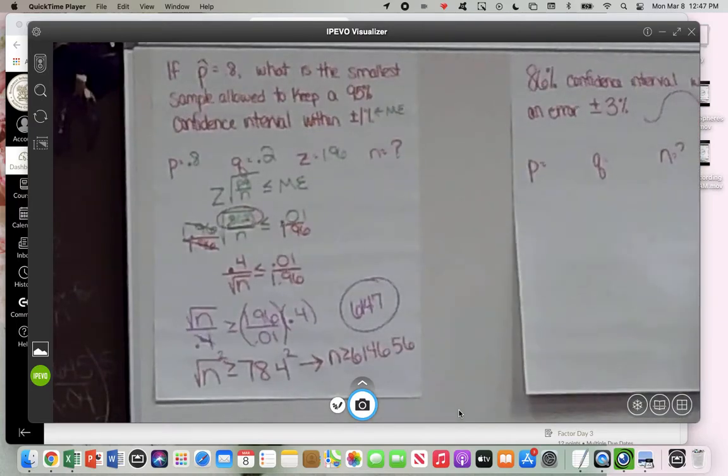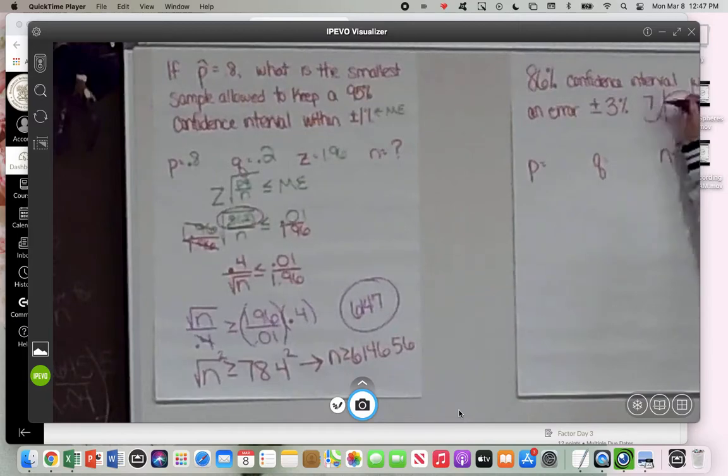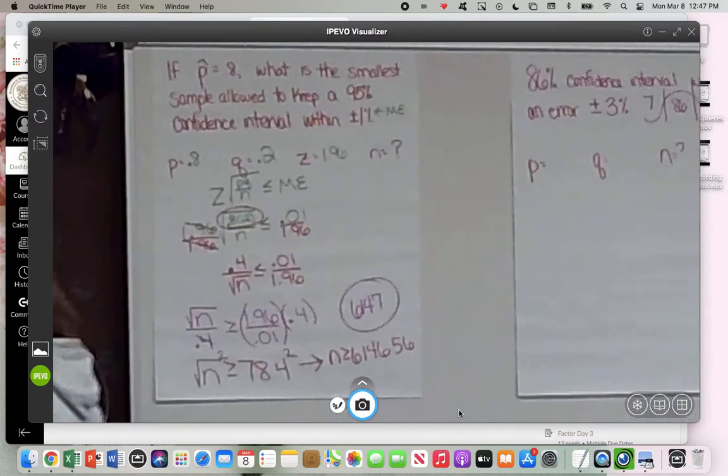All right, so 86 is in the middle. How much is each tail worth to make 100? Thanks, Jacob. All right, so you're not looking up 86 on the chart.